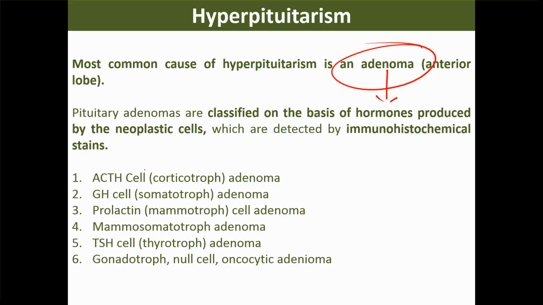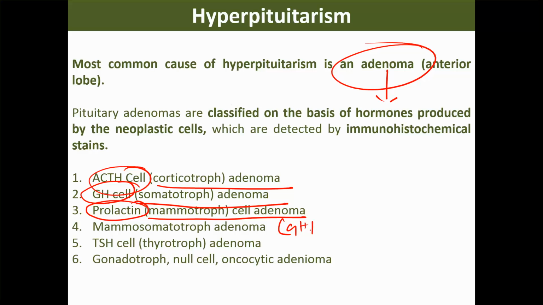Very simple. If they secrete ACTH, it is called corticotroph adenoma. If they secrete growth hormone, it is called somatotroph adenoma. If they secrete prolactin, it is called mammotroph adenoma. If they secrete both growth hormone and prolactin, it is called mammosomatotroph adenoma. If they secrete TSH, it is called thyrotroph adenoma.